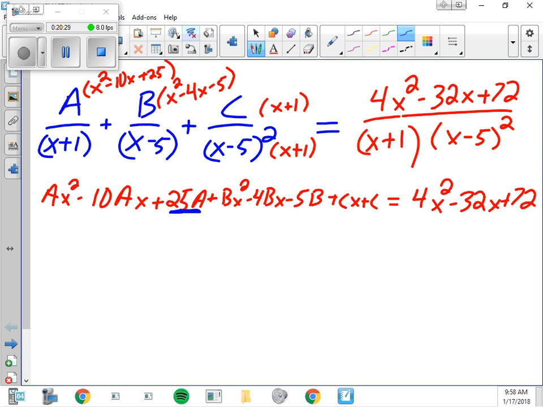So there is a constant, here is a constant, here is a constant, and here is a constant. 25a minus 5b plus 1c equals 72. Everybody all right with that?